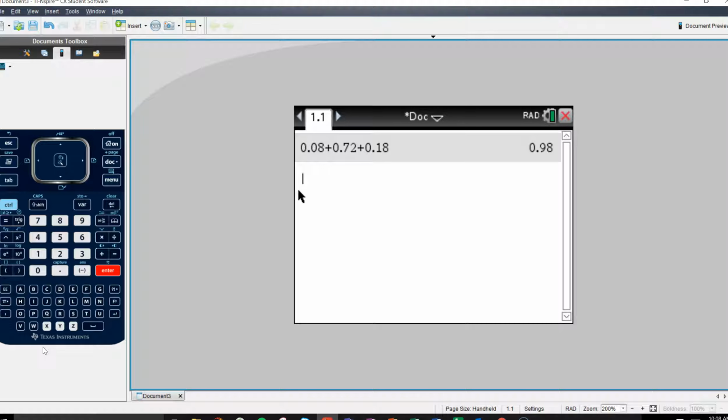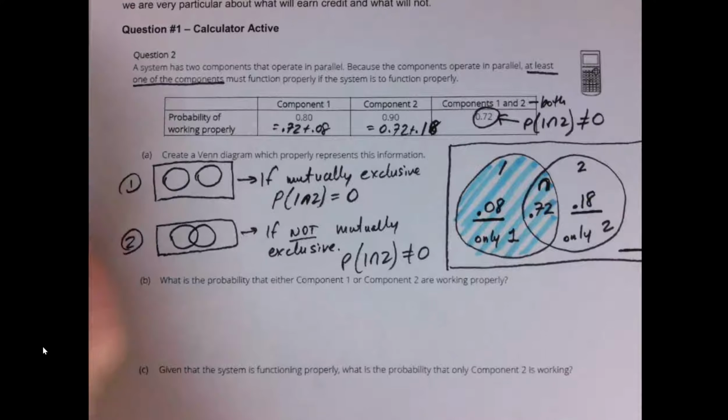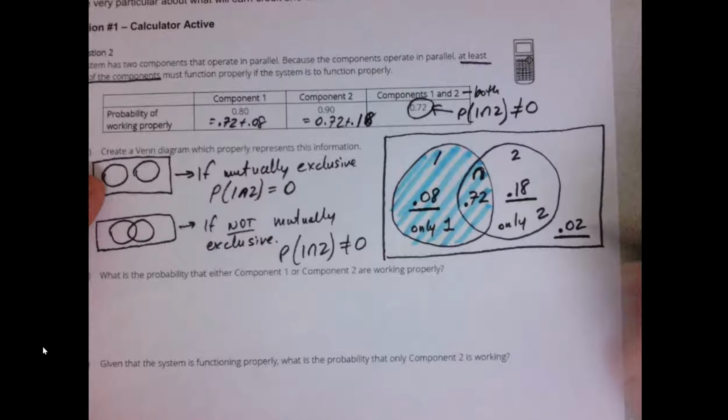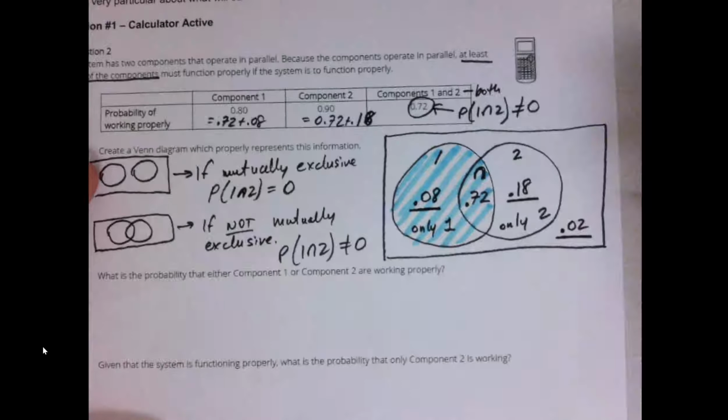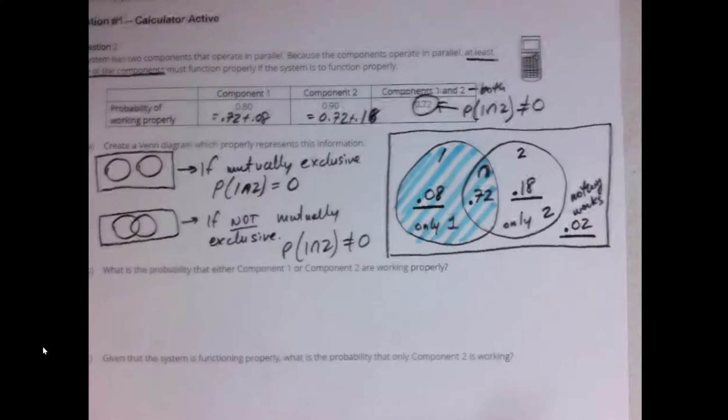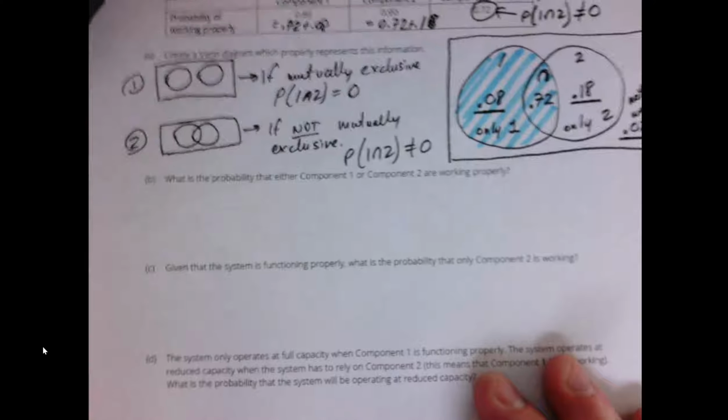Okay, that is not 1. Everything has to add up to be 1. So I'm going to find out what's left over, and that 0.02 becomes this part, this part being nothing works, on the outside. Okay, now I've got my complete drawn out Venn diagram.